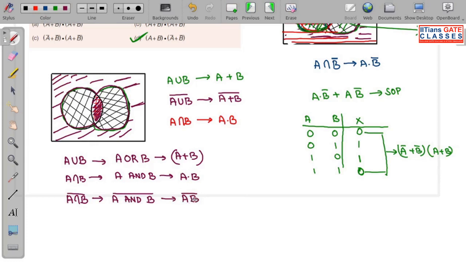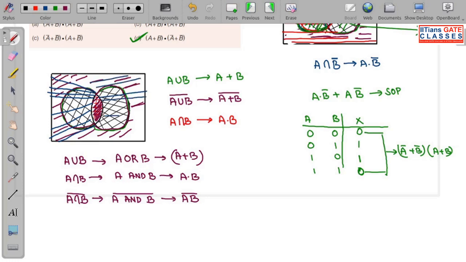This is (A into B) whole complement. What is this region? This will be the whole of this region except the common part.